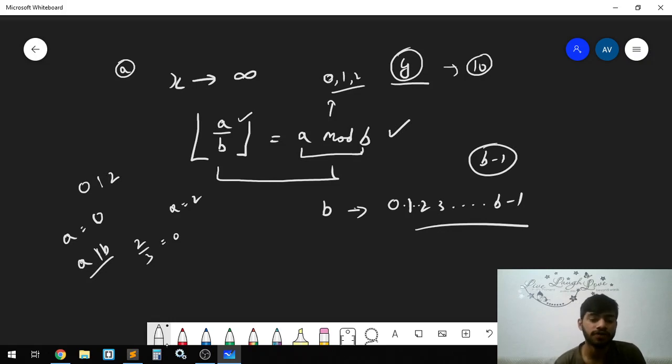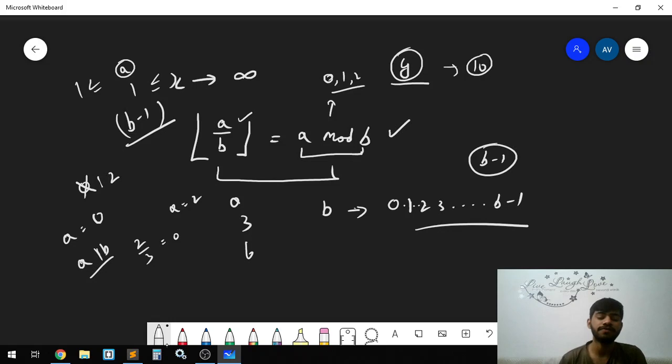For example, for 3, either a equals 0, or a equals 3, or a equals 6. But 0 cannot be possible, because a must be greater than or equal to 1. So we must not take 0. That's why I'm subtracting 1 from b.